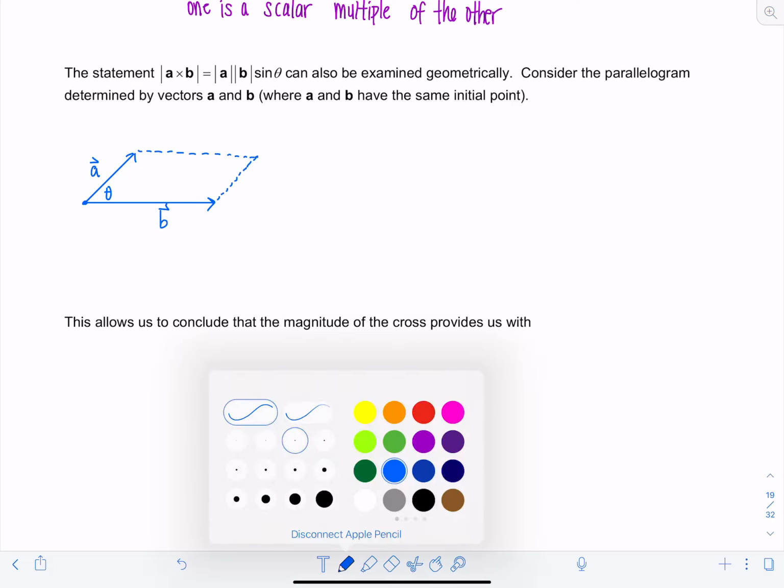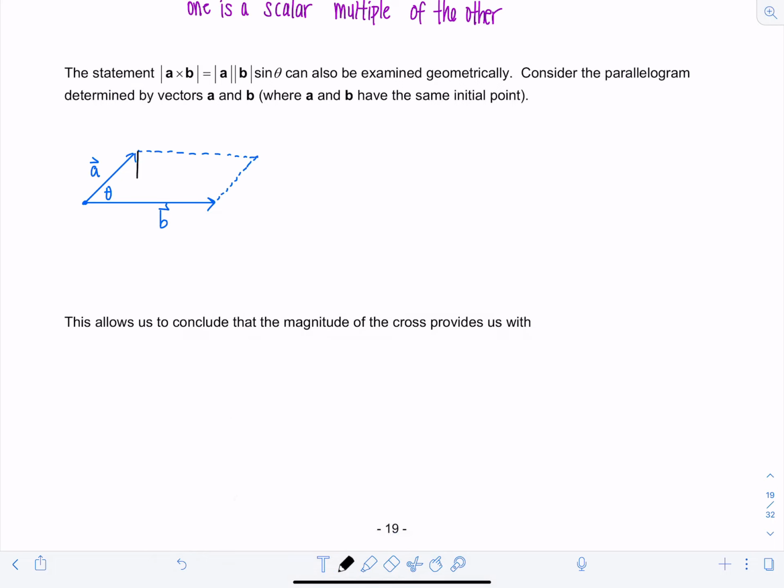Do you remember how to find the area of a parallelogram? You need to know its height, right? So the area of a parallelogram, it's basically like how you find the area of a rectangle, because you take this little triangle and you imagine lopping it off and pasting it here, and then you have a rectangle.